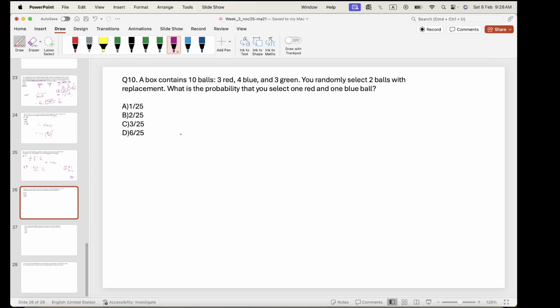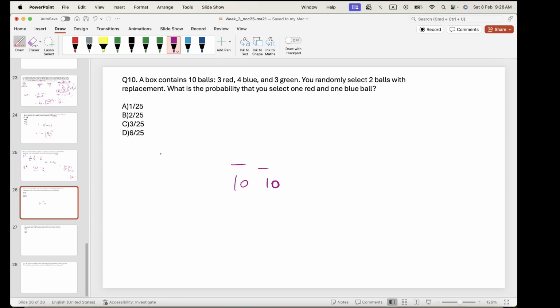So now the question is, a box contains 10 balls, 3 red, 4 blue, 3 green. You randomly select 2 balls with replacement. What is the probability that you select 1 red and 1 blue ball? Same thing, selecting 2 balls with replacement. So here the denominator remains unchanged. Here I could select 10, here also I could select 10.